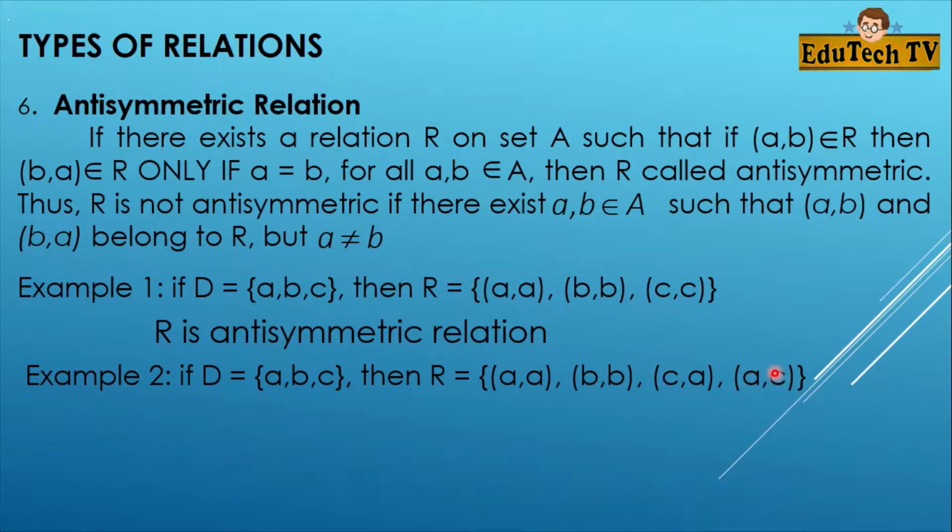Next, the condition must be A equals B, or yung first element ay dapat equal sa second. So since C is not equal to A or also A is not equal to C, then it is not anti-symmetric. Okay? So ito yung dalawang ordered pair, kaya itong R na to ay hindi anti-symmetric.